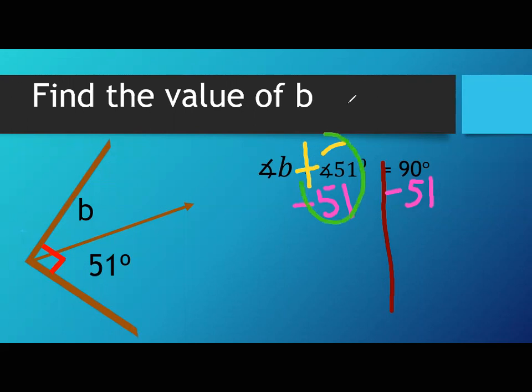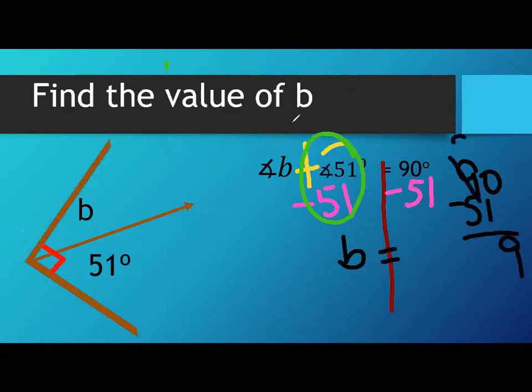I got this to cancel out, plus 51 minus 51. I'll get the b here, and here 90 minus 51, which I can work out on the side. So that's going to be 9, that's going to become an 8. So b is going to be 39 degrees.